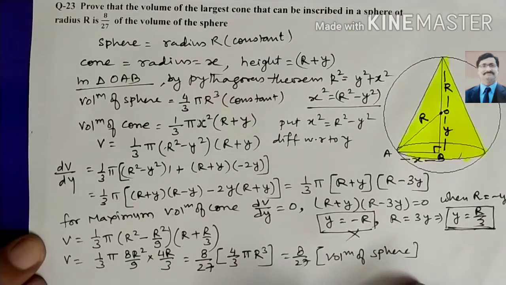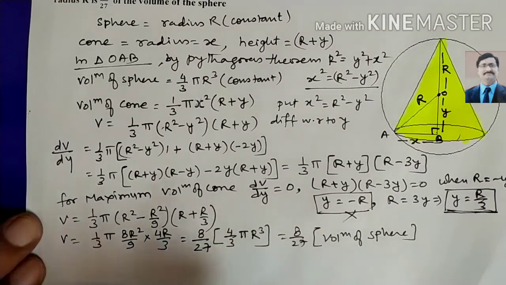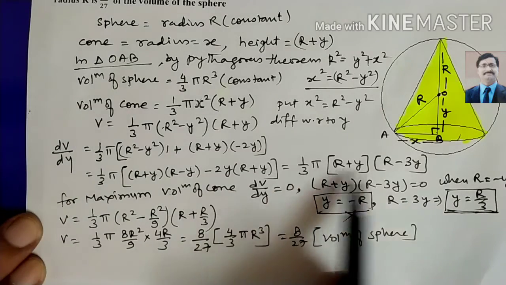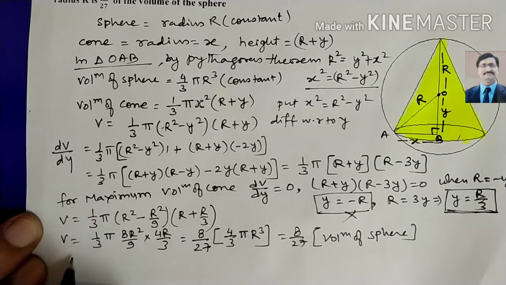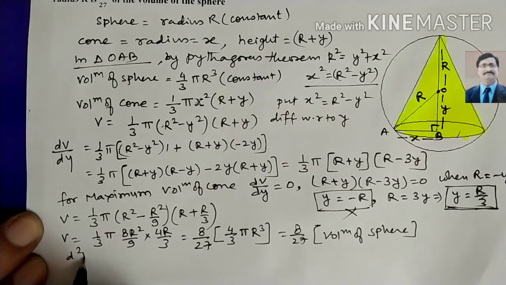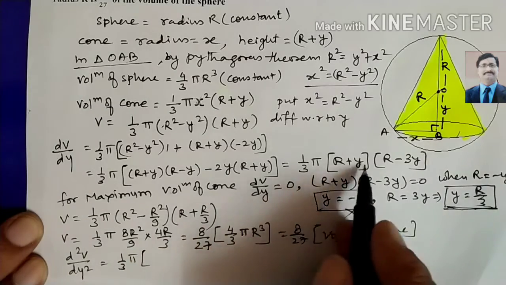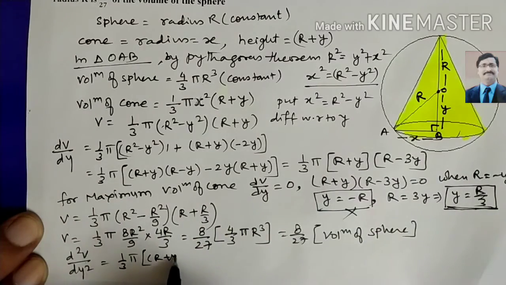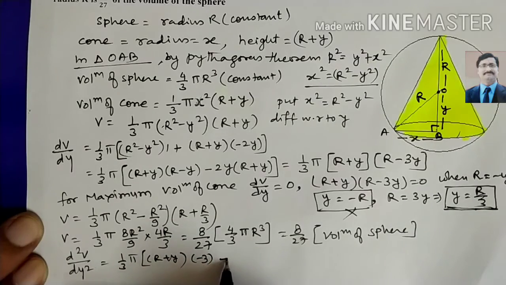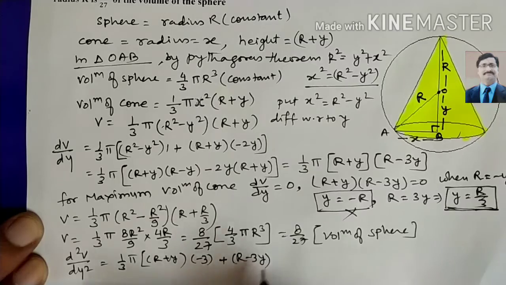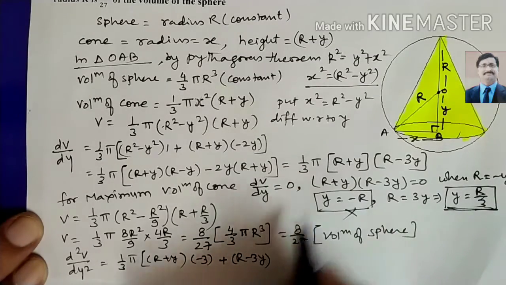Now we have to prove that this is a maximum. For that, we have to differentiate dV/dy again. So we write d²V/dy² equal to the differential of 1/3 π times R plus y as it is, and the differential of R minus 3y is minus 3, then plus R minus 3y as it is, and the differential of R plus y is 1.